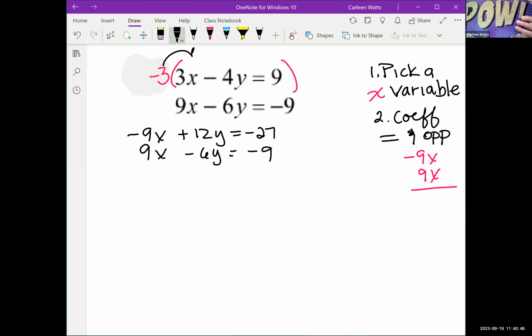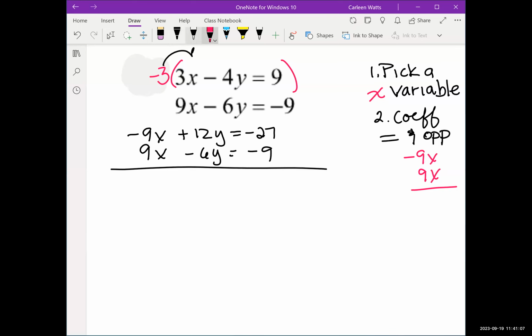Okay, what am I doing next? Add them. Add down. Too bad that little pow sign will not make it onto the video. Okay, add down. -9x and positive 9x.